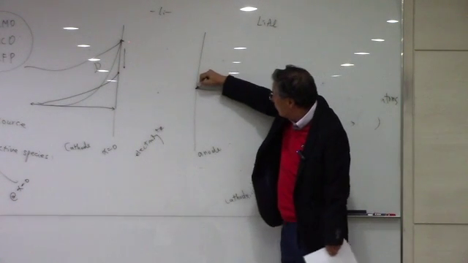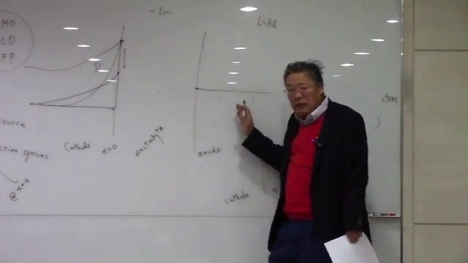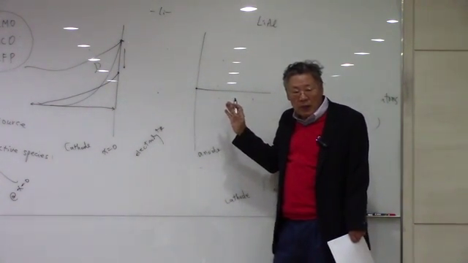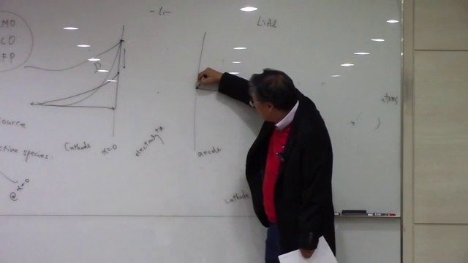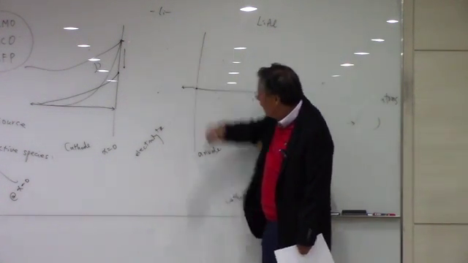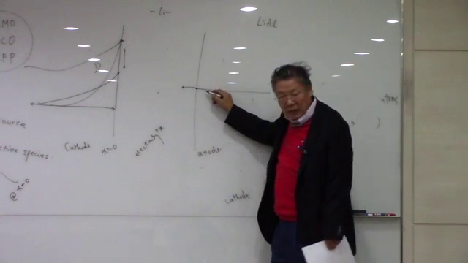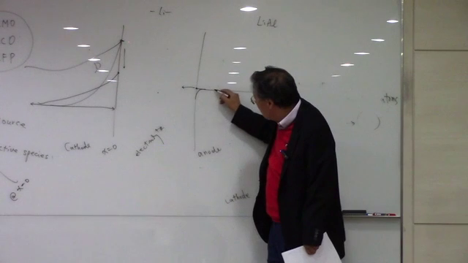So it has a certain level of this. Now if you take some lithium out from here, then the surface concentration of lithium is going to be depleted, so it is going to go down like this.